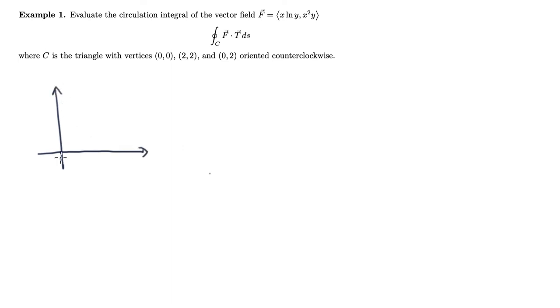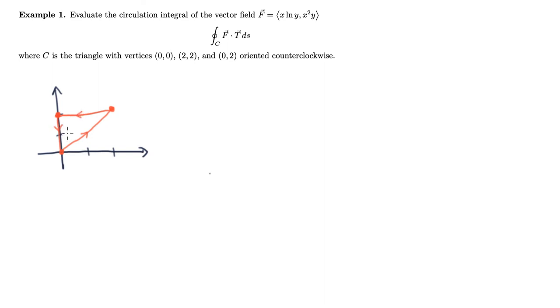One of the vertices is on the origin, and then one is out here at 2, 2, and then one is at 0, 2. And we have a counterclockwise orientation. So here is our curve, C.